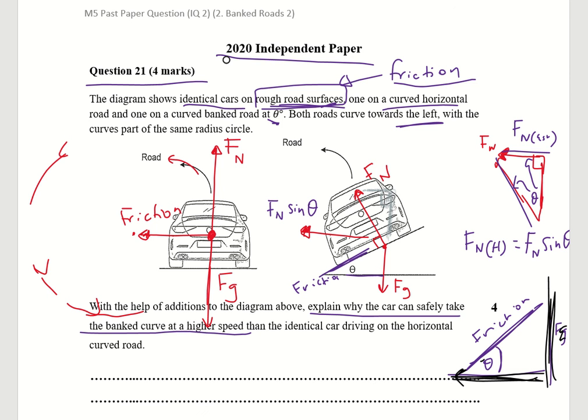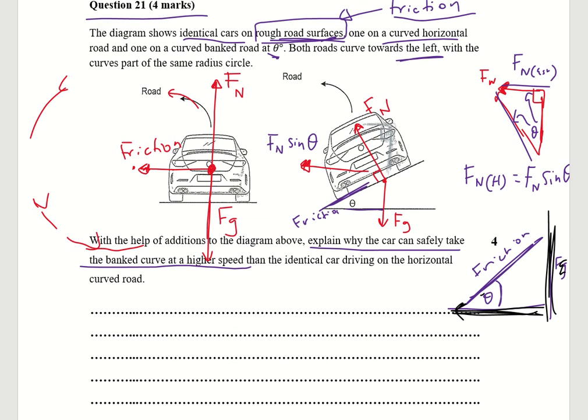So if I'm looking along here, if I'm trying to write it out, friction horizontal is going to be friction cos theta.